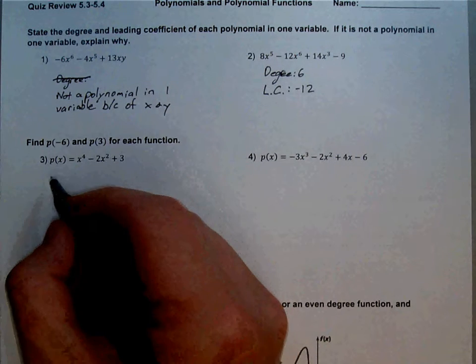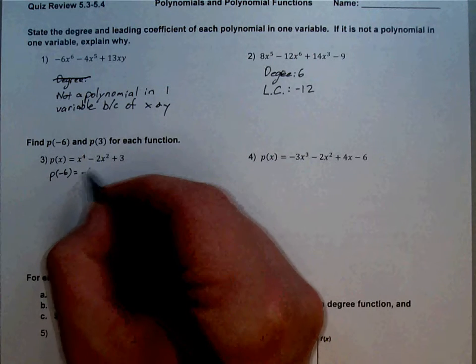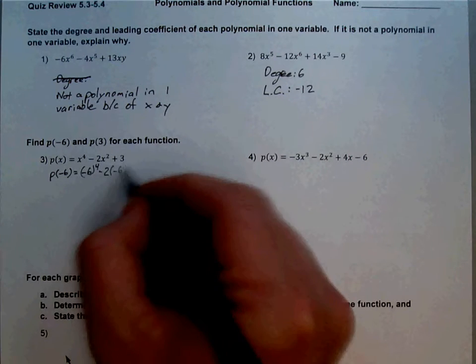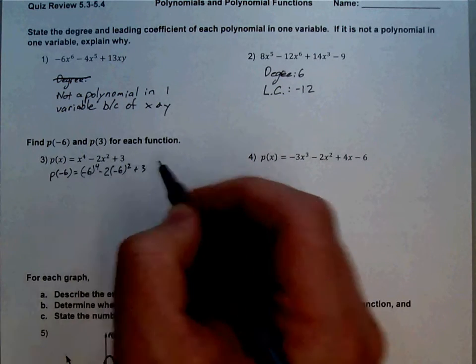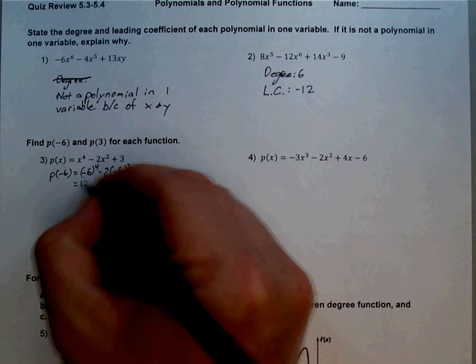Now with number 3, let's find p of negative 6. Plugging negative 6 in. So I've got negative 6 to the 4th. Let's see, negative 6 to the 4th, that's a pretty big number. It is going to be positive. It's 1296.